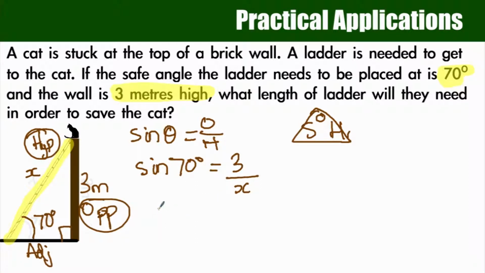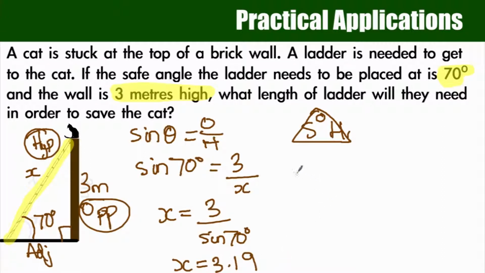So we will then have x equals 3 over sine 70 degrees. Type into calculator 3 divided by sine 70 equals, x equals 3.19 to the nearest two decimal places.